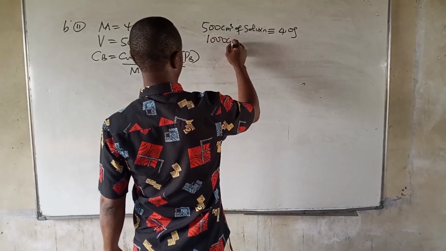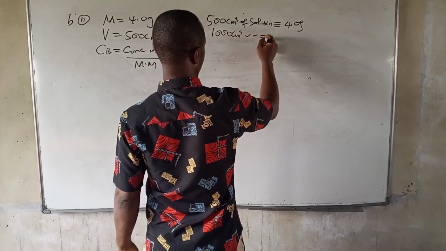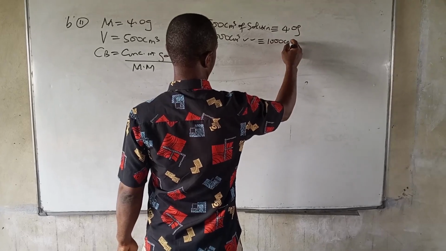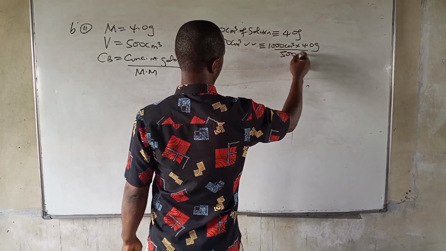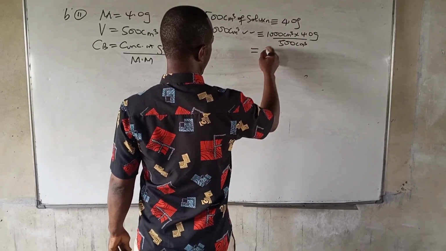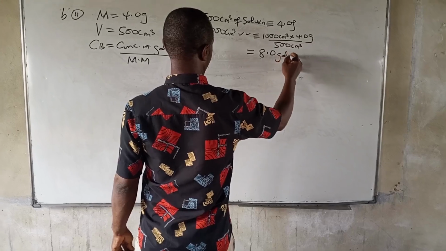Therefore, 1000 cm³ of solution will contain 1000 times 4.0 over 500. If you solve this, you'll get 8.0 gram per dm³.